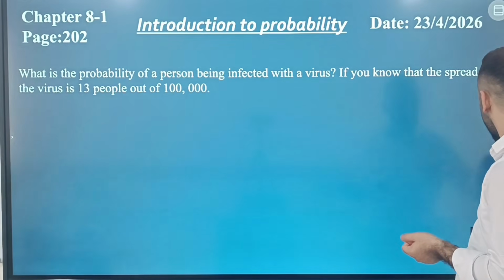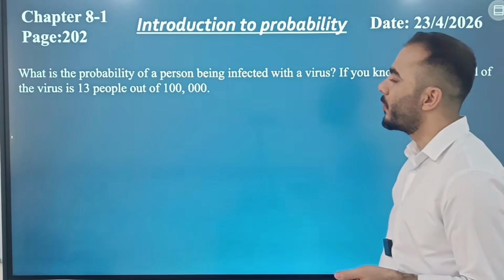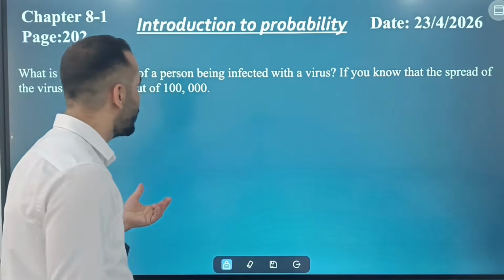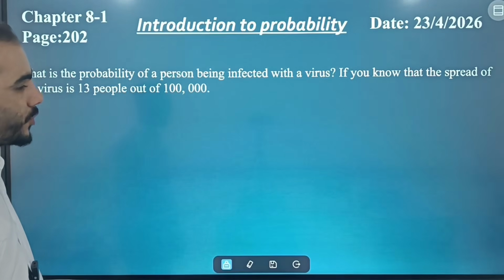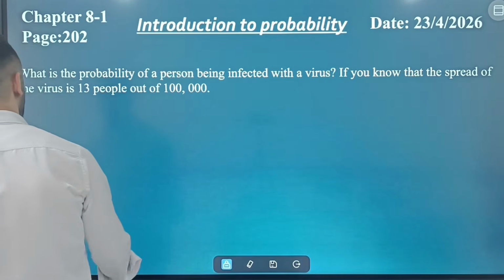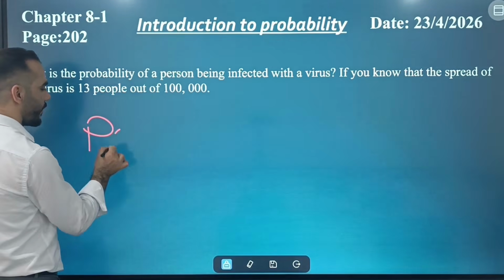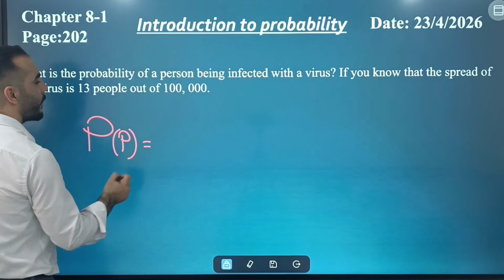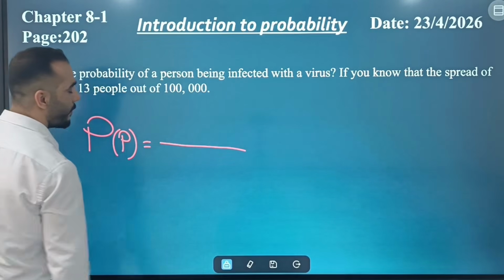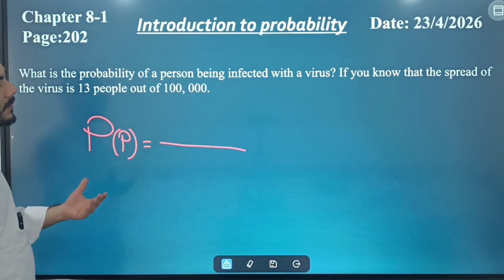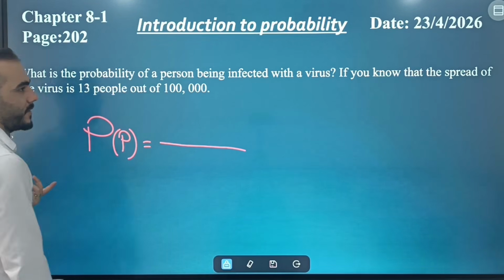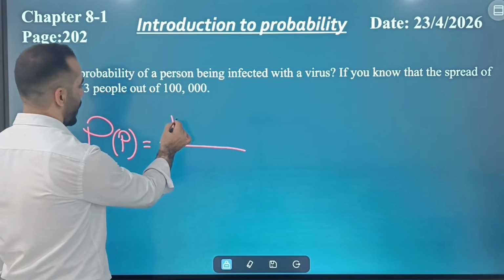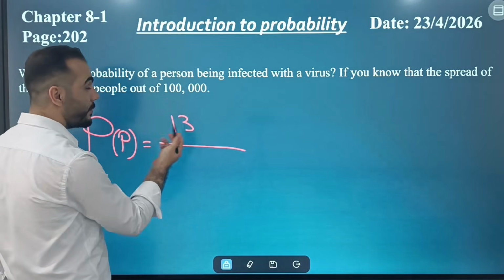Okay, there are some interesting examples here that we need to discuss. What is the probability of a person being affected with the virus, if you know that the spread of that virus is 13 people out of 100,000? So the probability equals the number of times the event occurred. 13 people are infected with this virus, so 13 out of how many people?